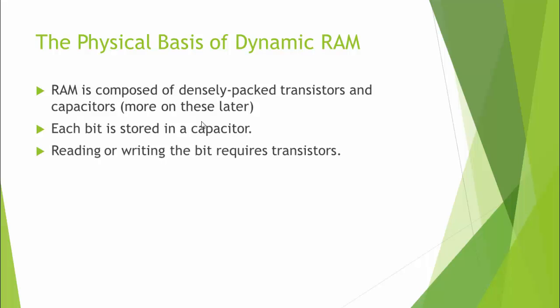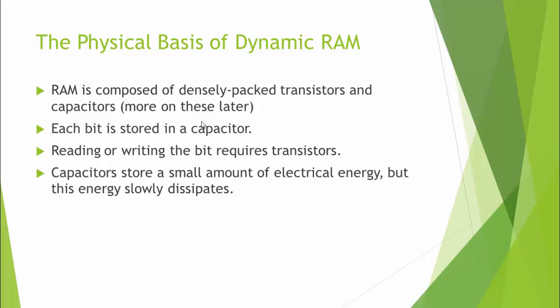So reading or writing that bit requires transistors, switches that have to turn on and off. Now, this would be fantastic and is fantastic, but it has one facet that's kind of interesting. Capacitors lose electrical energy over time.